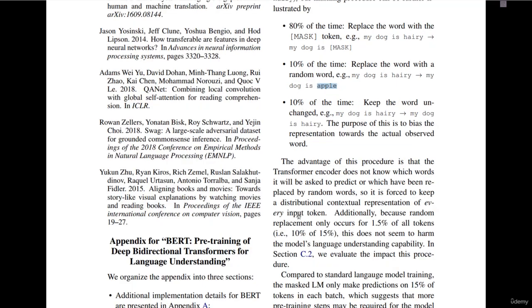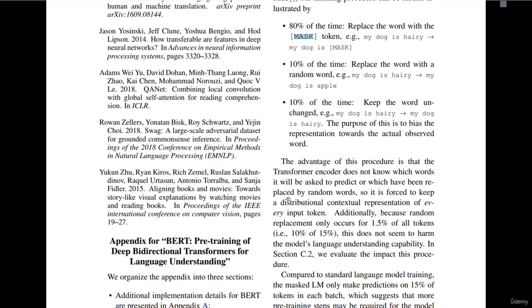The advantage of doing this instead of always setting the 15% to mask is that the transformer encoder does not lose its distributional contextual representation of every input token.